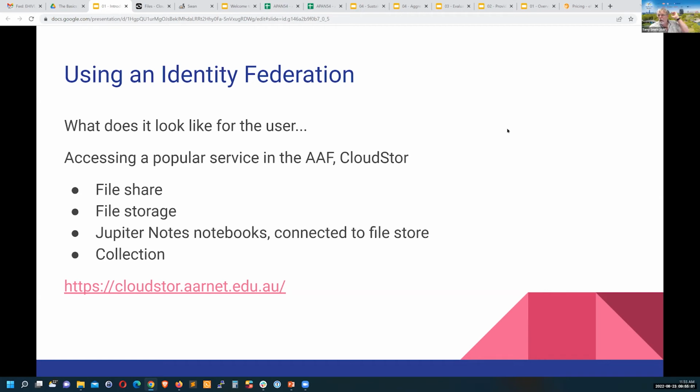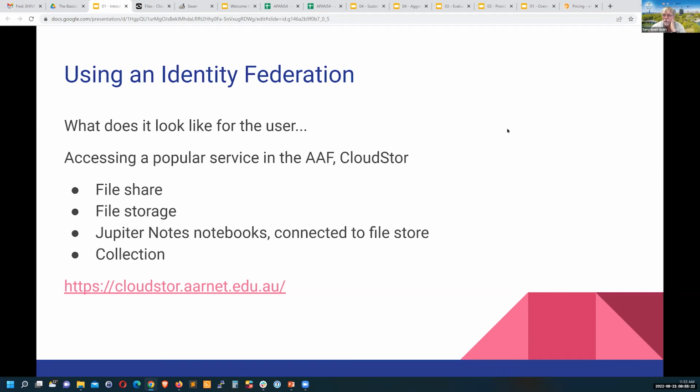Yeah, I'm not sure if ARNet will be keen to give guest access to folk, because they actually charge money for some people to access this service. There is a charging rate if you're using more than a certain amount of storage.